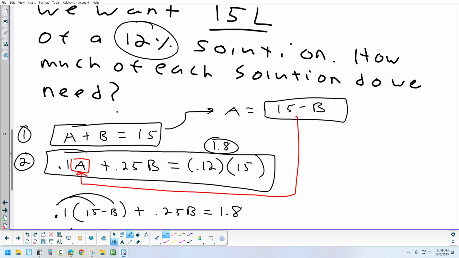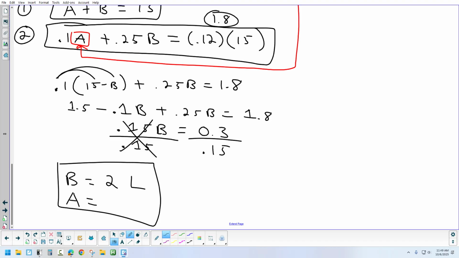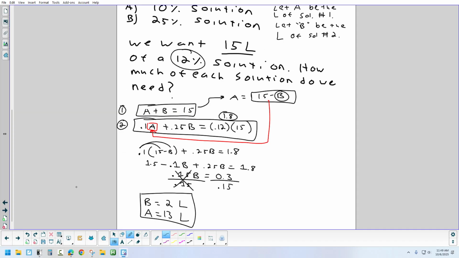So you could just plug 2 in right there, and you could calculate A. 15 minus 2. And that's a pretty typical mixture problem. Come up with your equations, substitute, and then you get both your answers. Any question on that?